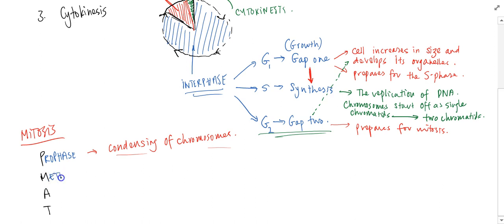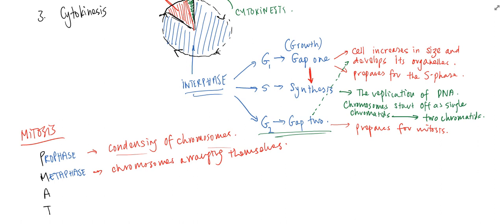Then in metaphase, we have the chromosomes arranging themselves. And so they arrange themselves in a very particular way. They line themselves up in the middle of the cell at the location we call the metaphase plate.